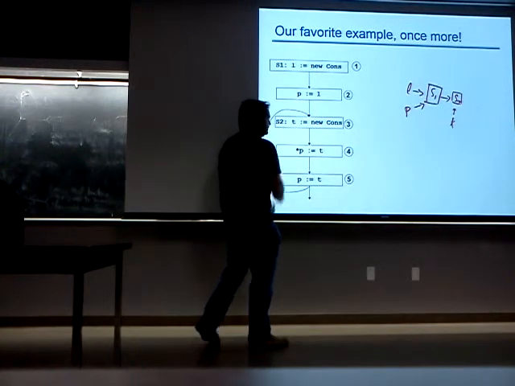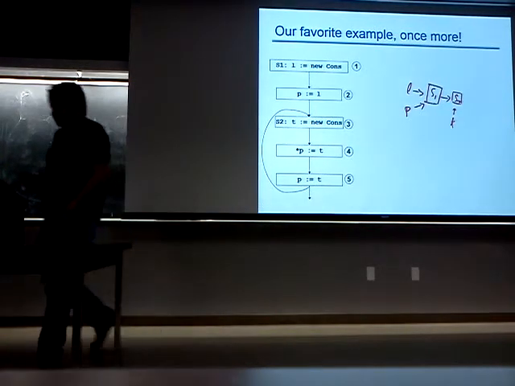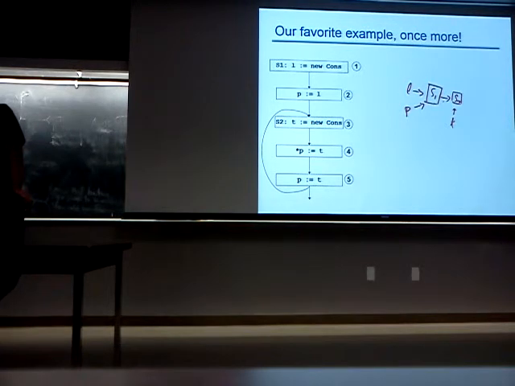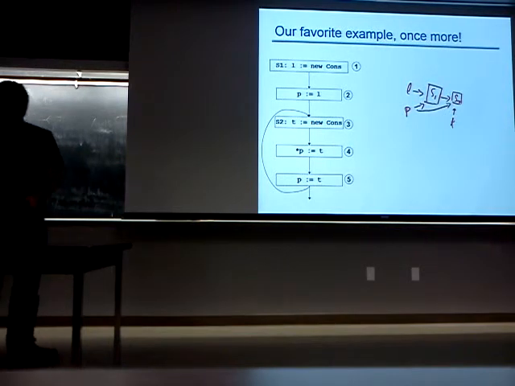So now something's going to happen. P equals T, so P now points to T, which means P also points to S2. But now you have this thing that will collapse S1 and S2.